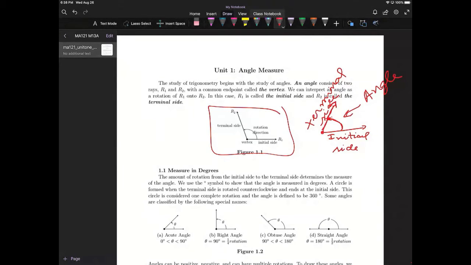Meaning, if we're talking about the standard position, we all agree on what that looks like, the position of the initial side, where the vertex will be, and then the rotation to the terminal side, which is the amount of angle, will be the measurement we're concerned with. So everything else is going to be the same. It's just the position of the terminal side and how much of that angle will really matter in order to describe the angle.